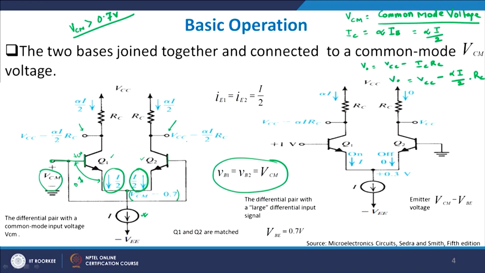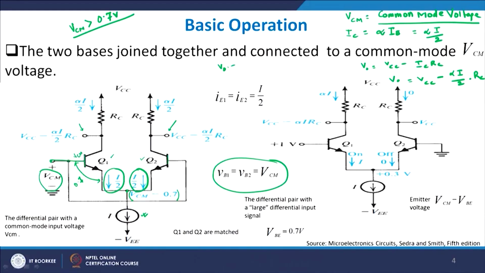So, if you want to find the differential, if you subtract V out 1 minus V out 2, automatically I will get 0 volt, which means that it is a very important point: any equal DC bias given to the two bases of a symmetric differential amplifier, the output will always be equal to 0, right. So, DC bias and equal biases to both the arms does not give you a differential output voltage.